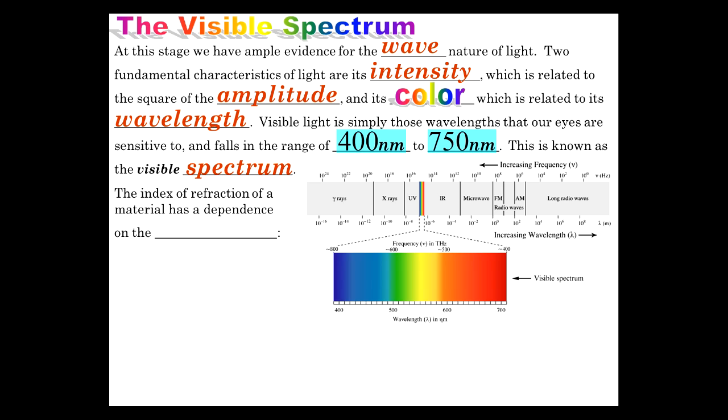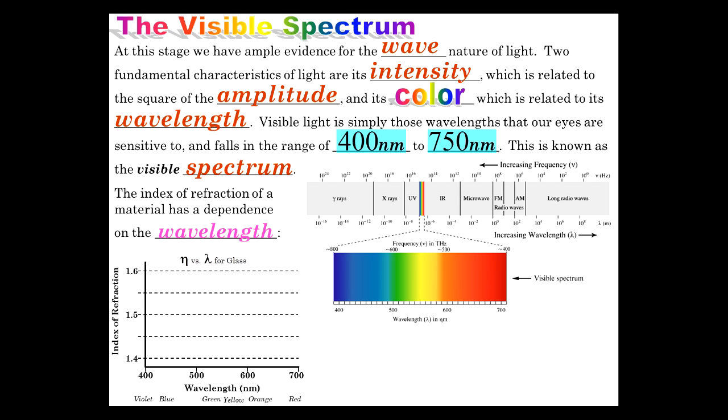And it turns out that the index of refraction, which we've discussed, of a particular material is not just a constant. It has a dependence on the wavelength itself. And we saw that briefly with water waves. When we have a slower medium, if the medium changes a little bit, that's one thing.